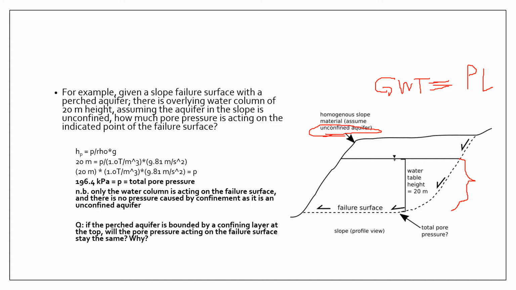Going back to the example, we are given a slope failure surface with a perched aquifer and there's an overlying water column of 20 meters. Assuming the aquifer and the slope is unconfined, how much pore pressure is acting on the indicated point of failure surface?